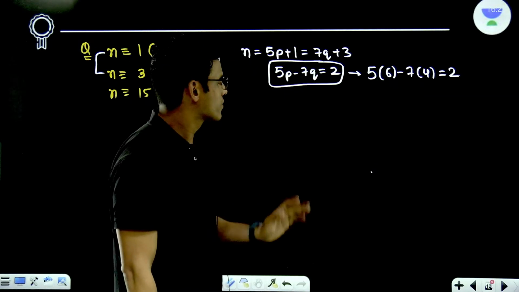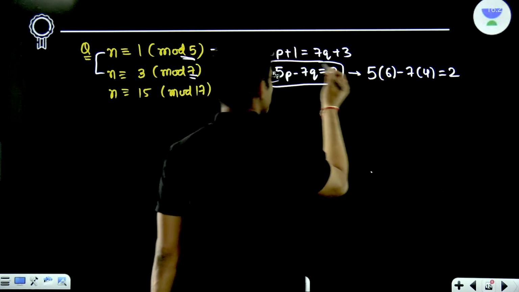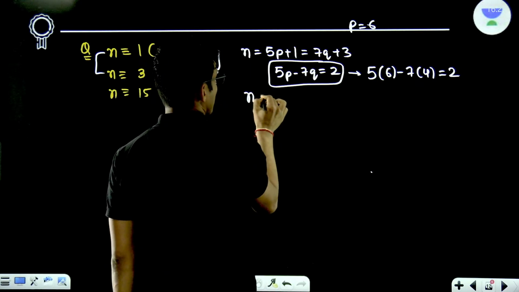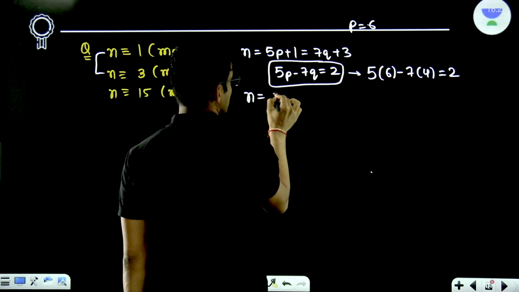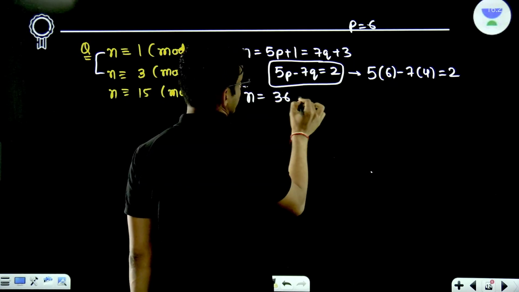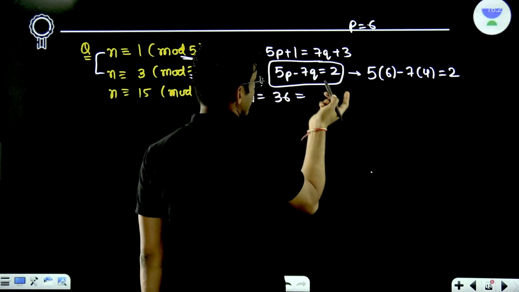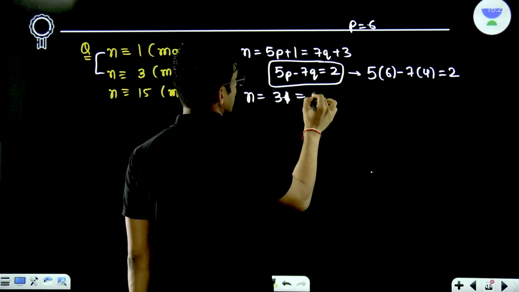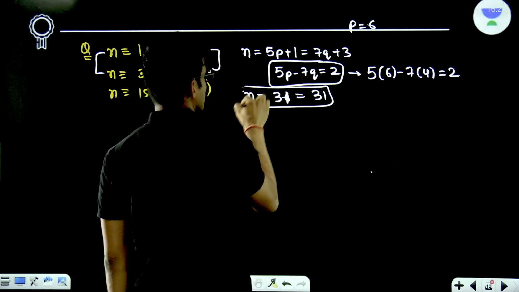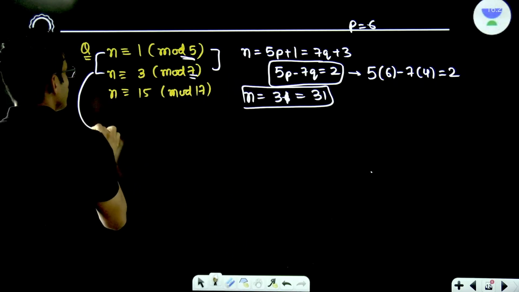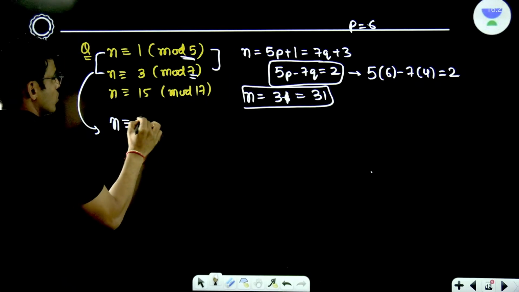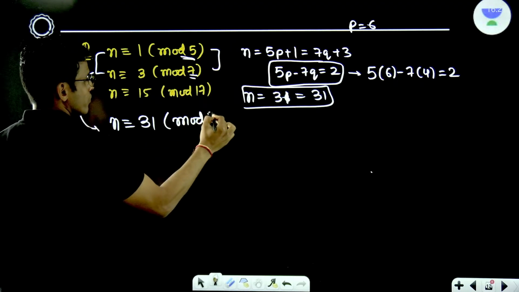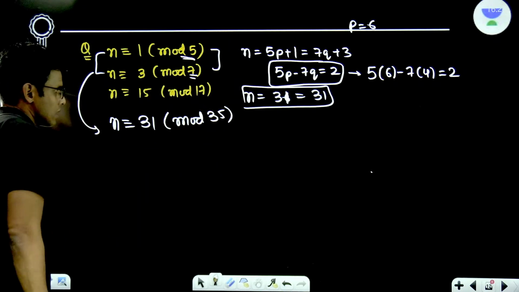This means I can choose p as 6, and n becomes 31. So the solution of these two is n congruent to 31 mod the LCM of these two, 35.